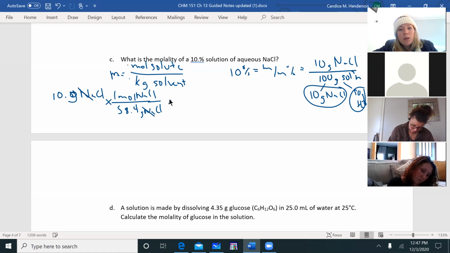The grams of NaCl will cancel, and we know that we have 0.171 moles of NaCl.